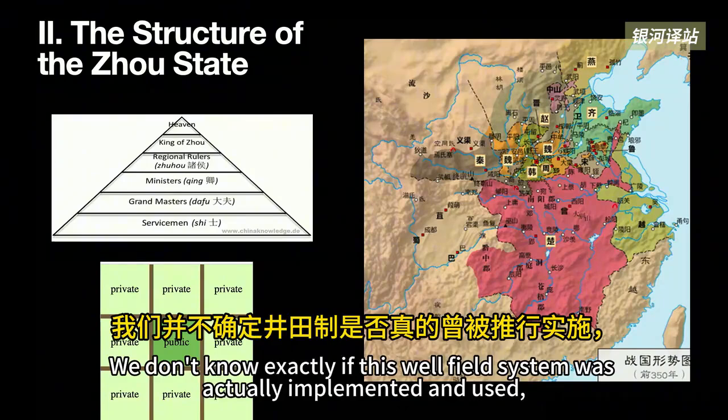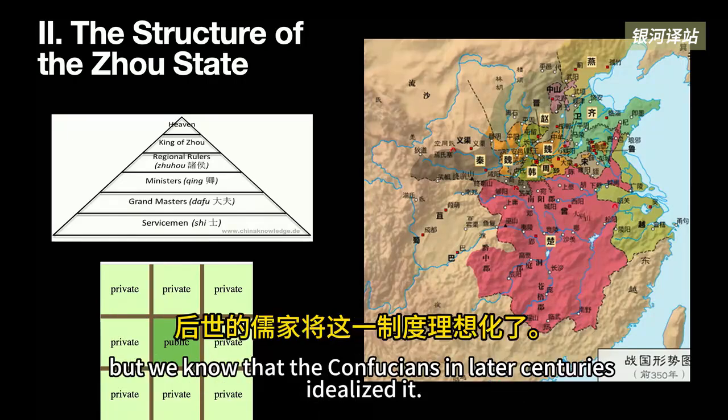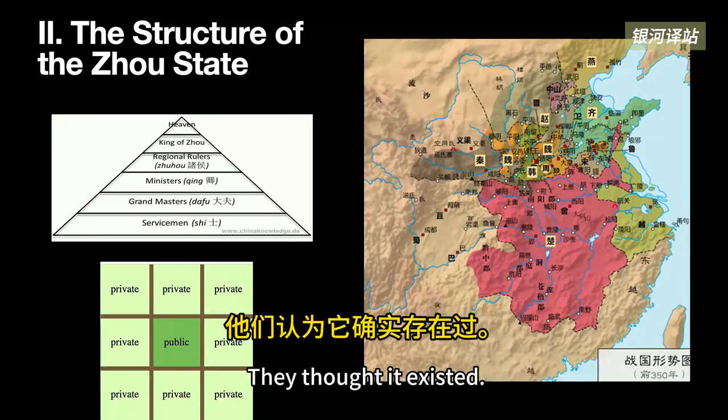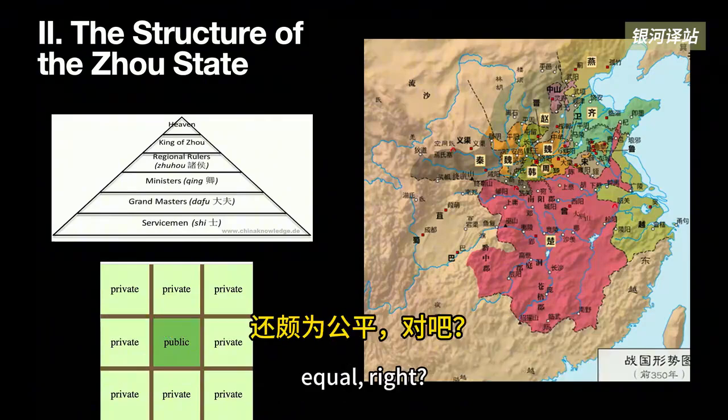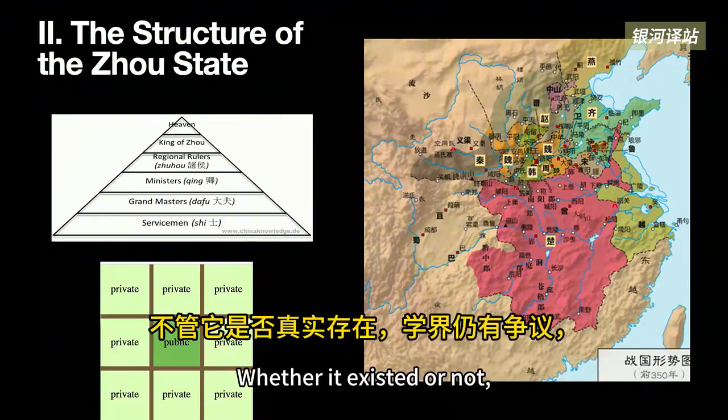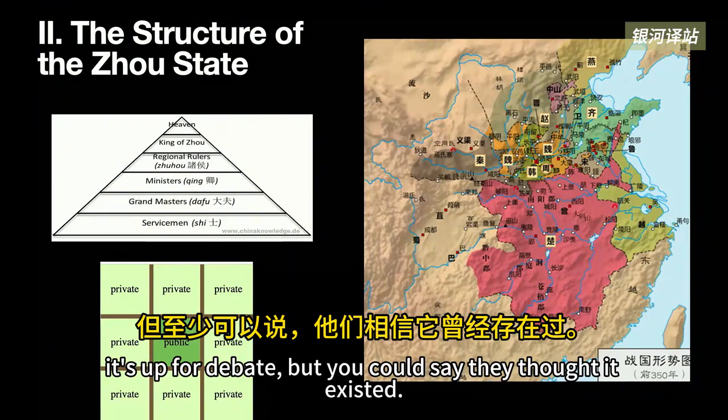We don't know exactly if this well-field system was actually implemented and used, but we know that the Confucians in later centuries idealized it. They thought it existed. They thought it was an ideal order where everybody has their place and it's kind of equal, right? Whether it existed or not is up for debate, but you could say they thought it existed.